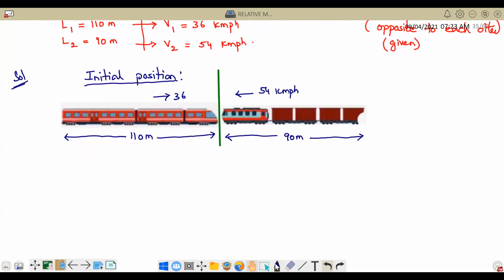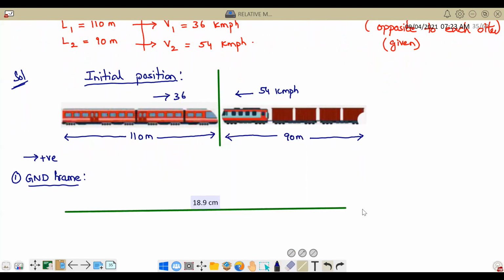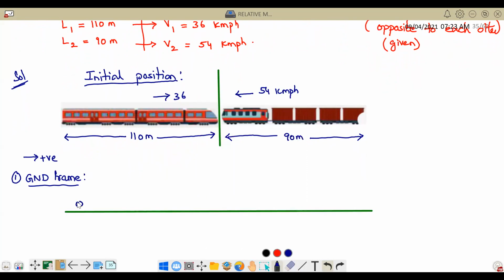So what is the first step in any relative motion concept? Write the values in the ground frame, taking right side as positive. Ground frame means you are standing on the ground and observing.